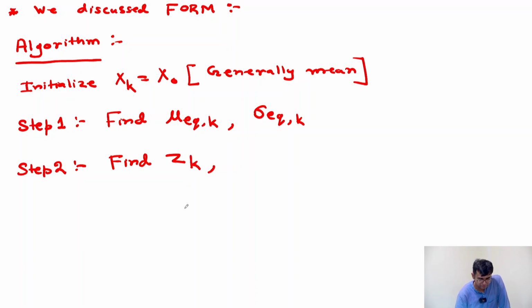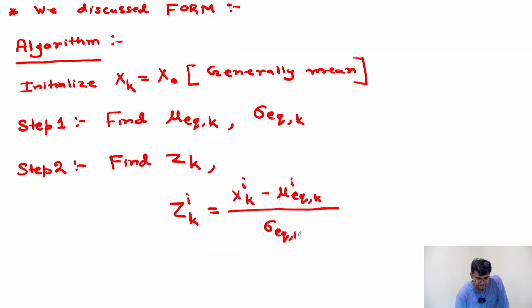And how will you find it, zk? Zki is equal to xki minus mu equivalent ki divided by sigma equivalent ki, and you will do it for all i, so i will go from 1 to K. I am assuming capital K is my number of random variables. Small k is my iteration, the loop counter, right? That is what I am assuming here. Okay, I have my zk.